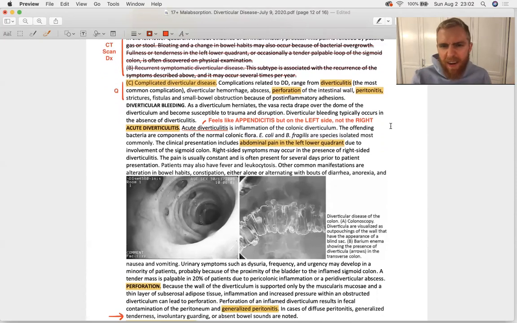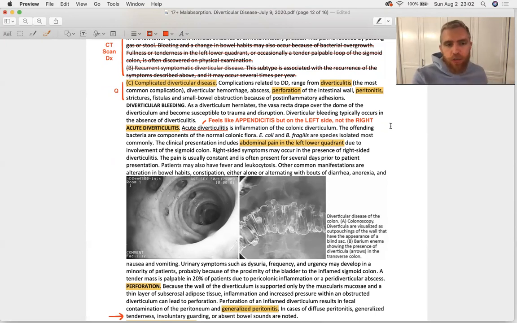So diverticulitis, most common complication. What's a complication of diverticulitis? Abscess, hemorrhage, perforation leading to peritonitis, possibly strictures, which is going to be a reactive scarring of the bowel that's going to tighten it up, because a zone or a stretch of scarred bowel can't expand and contract like it should.